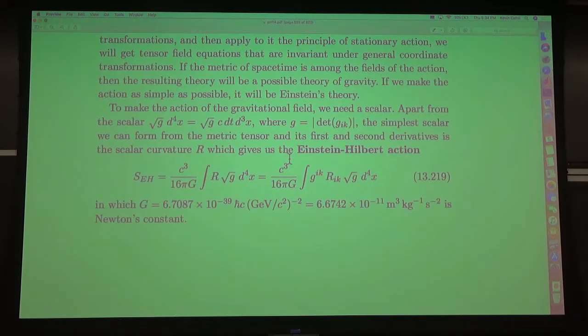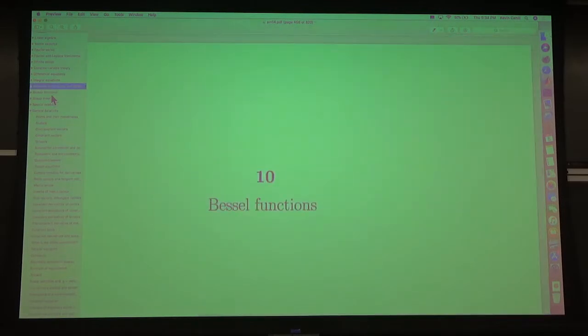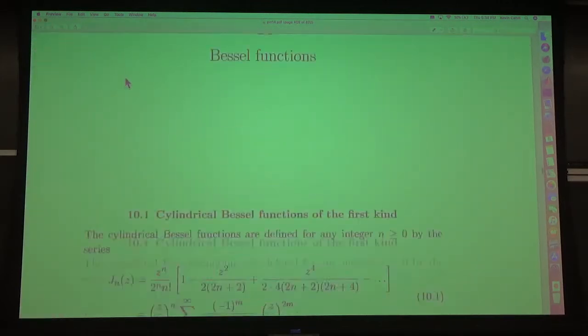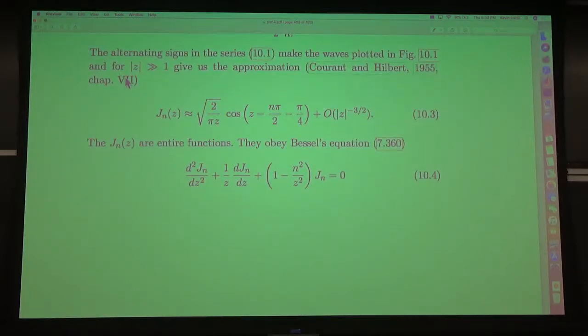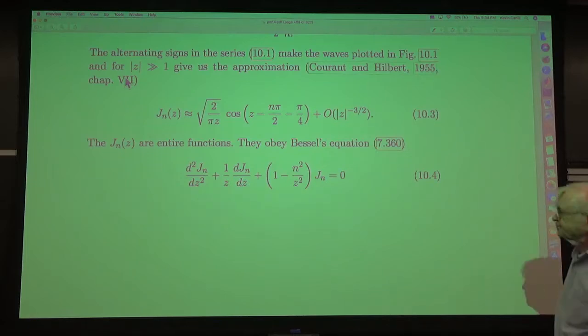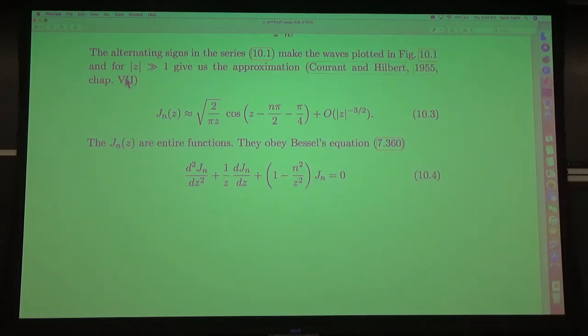Well, I might as well open that part of the book on the screen. So, there's Bessel's equation. It's not, however, in self-adjoint form.